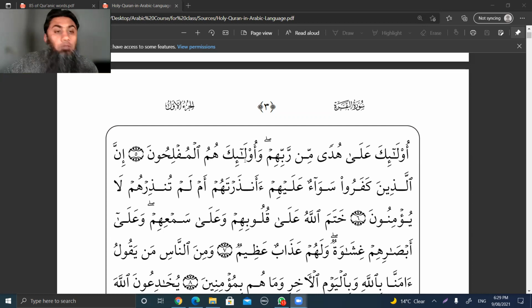Now what does it mean? Ulaika is mubtada, and humul muflihuna together as a complete sentence will become your khabar, and inside of the khabar, hum will be mubtada and al muflihuna will be the khabar. Any question?